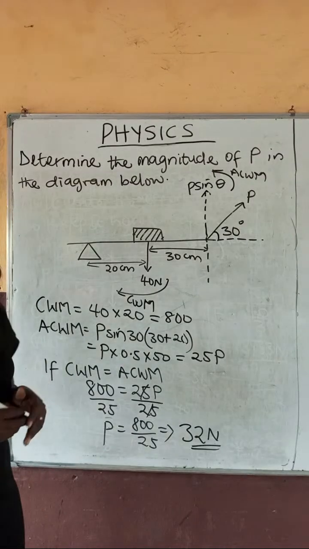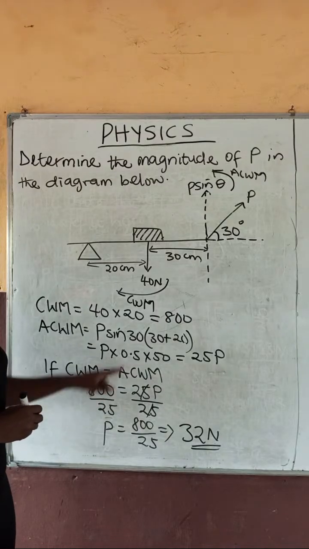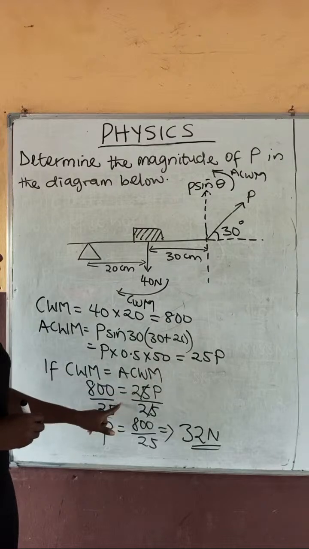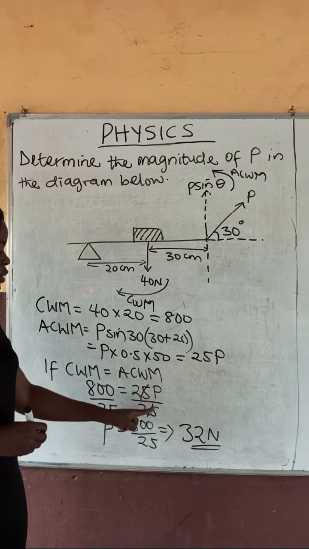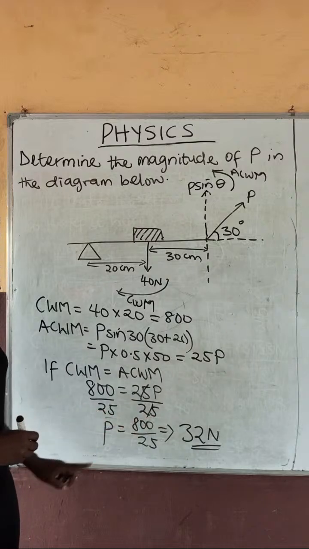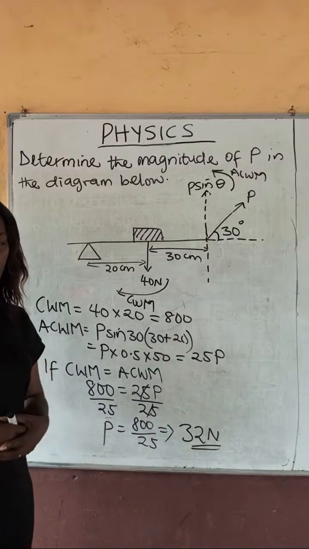Then for the principle of moment, if clockwise moment equals anti-clockwise moment, that means 800, which is what we have as clockwise, is equal to 25P. Then dividing the constant by the coefficient of P, which is 25, my P is equal to 800 divided by 25 to give me 32 Newton.